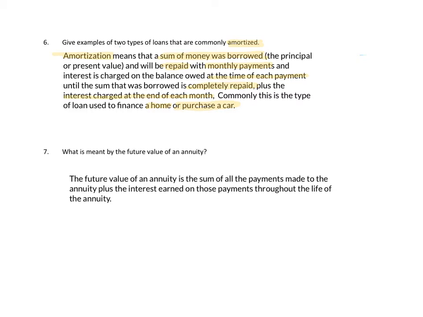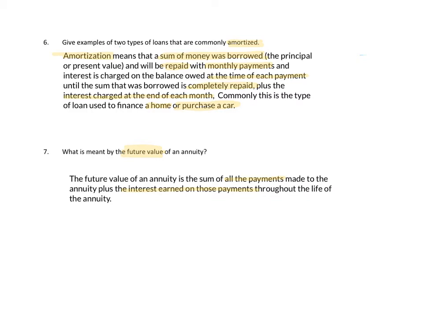Question 7 says, what's meant by the future value of an annuity? Future value tells you what is going to happen at the end of the annuity. And since we know the purpose of an annuity is to deposit money into an account and save it so that you'll have the money you deposited plus the interest on it, then the future value of an annuity is the sum of all the payments made to the annuity plus all the interest earned on those payments throughout the life of the annuity.